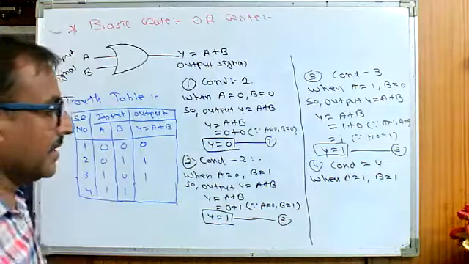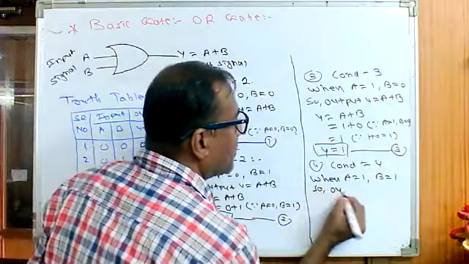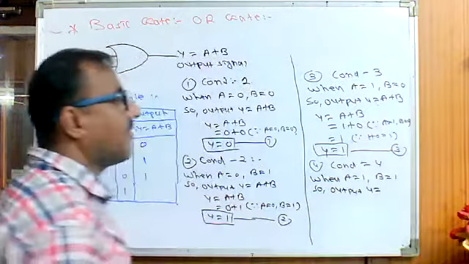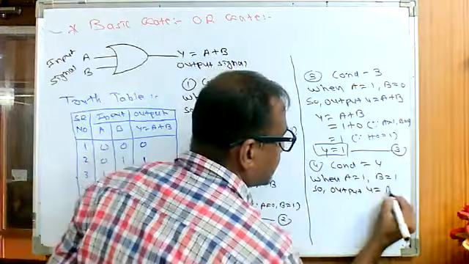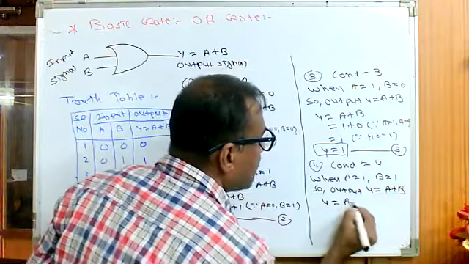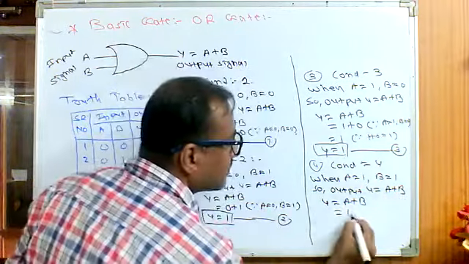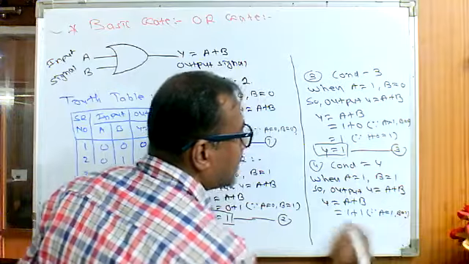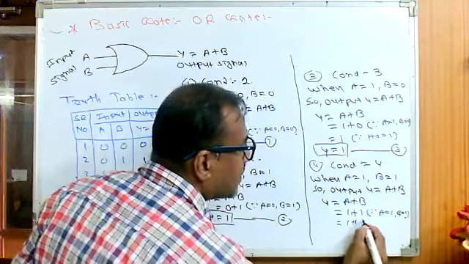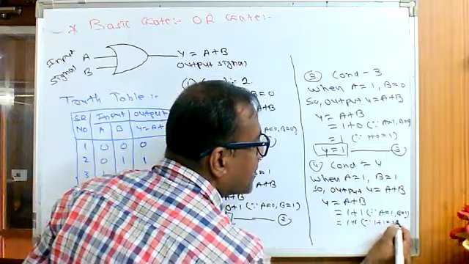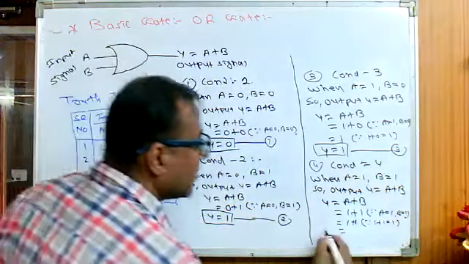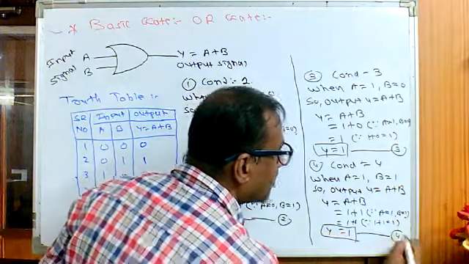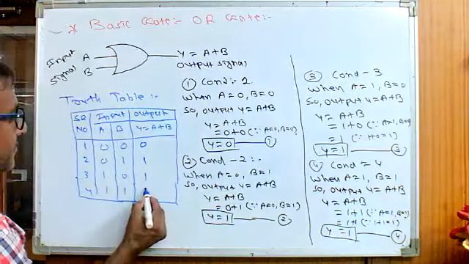So the output Y is equal to A plus B, meaning A is 1 plus B is 1. So binary 1 plus 1 is equal to 1. High plus high gives high. So Y is equal to 1. In the fourth condition, Y is high.